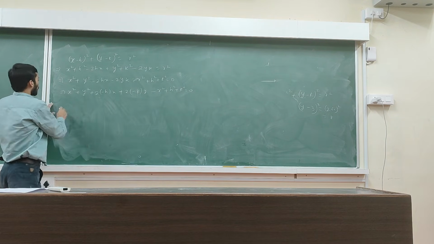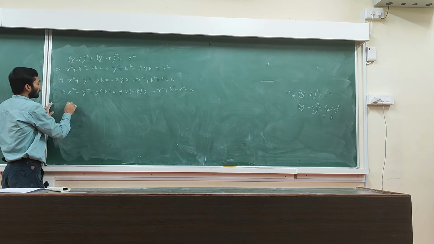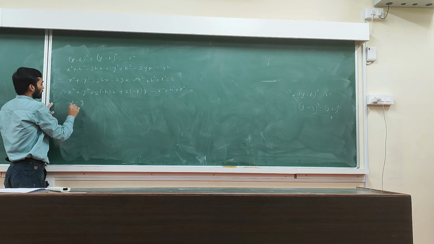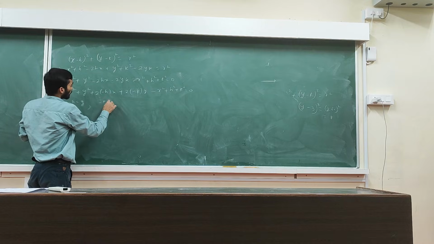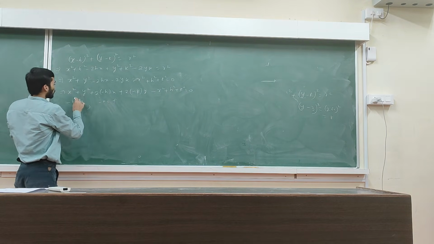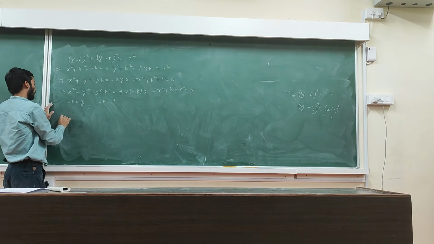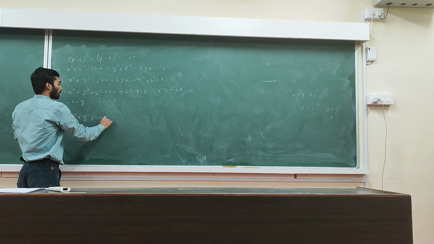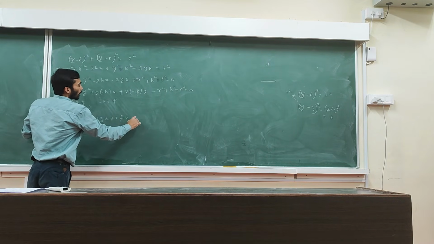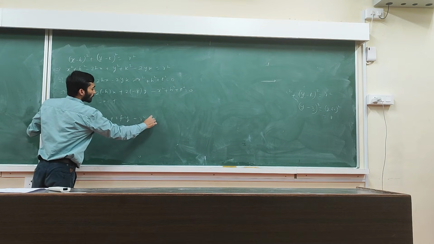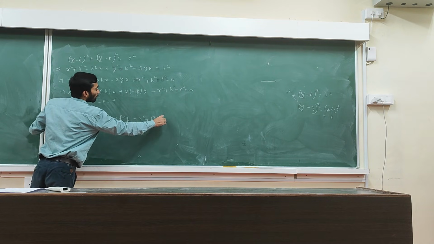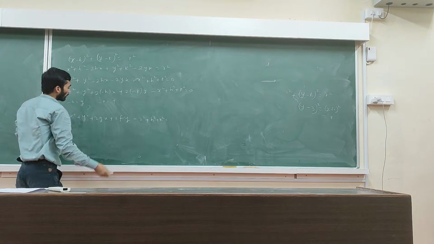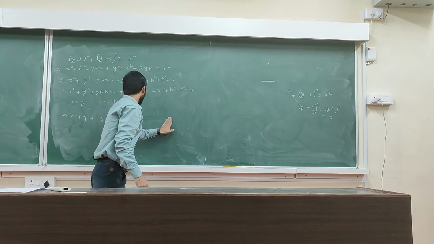We will just assume minus h is g and minus k is f. So now this equation will become x square plus y square plus 2gx plus 2fy plus h square plus k square minus r square.